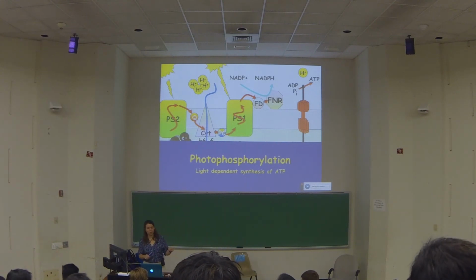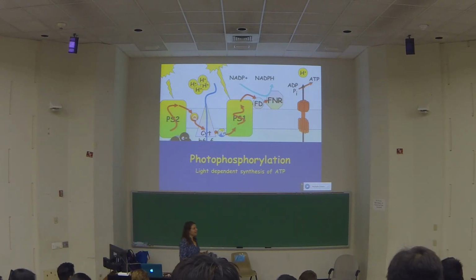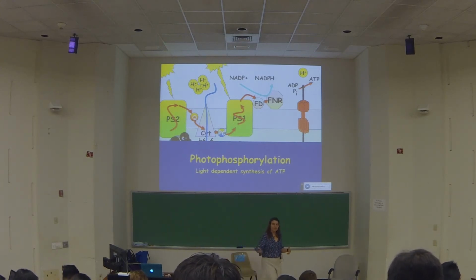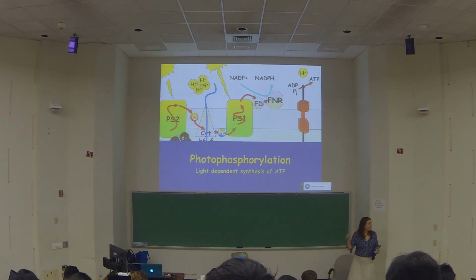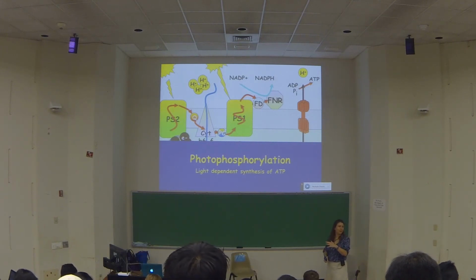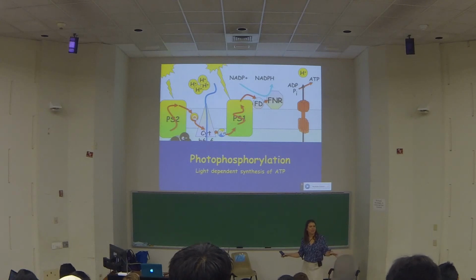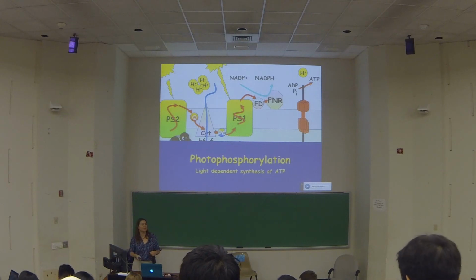I don't expect you to know how many protons are moving back and forth, how many ATP are produced, etc. It's harder to track in this system because it's not a direct input to output. As you'll see, there are several pathways. We'll talk about another pathway through these light reactions after the exam. So it's not always a straightforward water in, ATP out. So you don't need to keep track of number of protons, number of ATPs. Okay, does that answer what you were asking? You need to know how they're moving and what's produced, but I don't expect you to know the exact numbers.